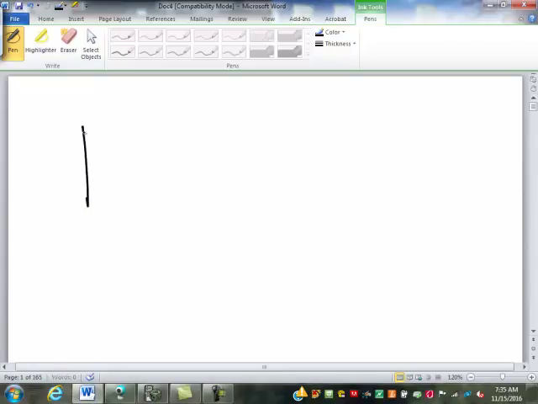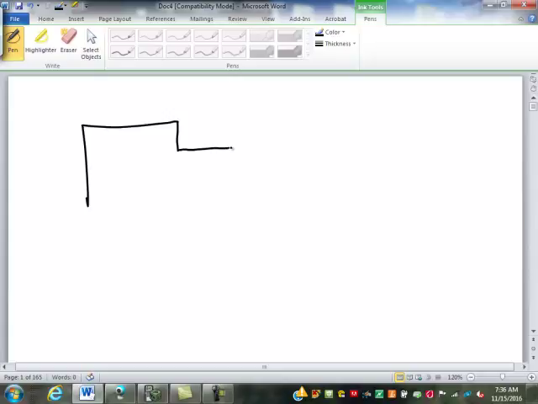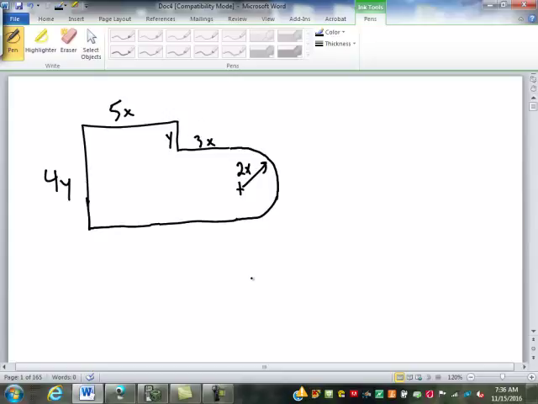So if we have a shape like, if I could draw, a shape like this, where we are given dimensions like 5x, 3x, radius of 2x, something like that.